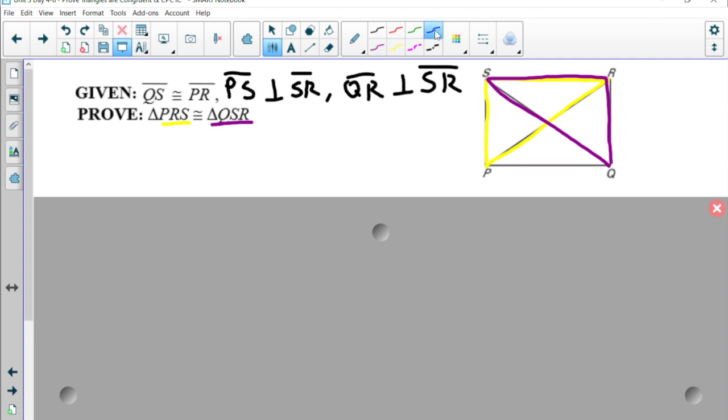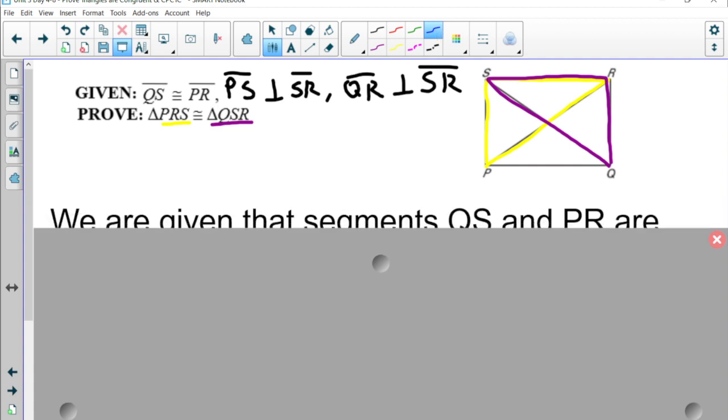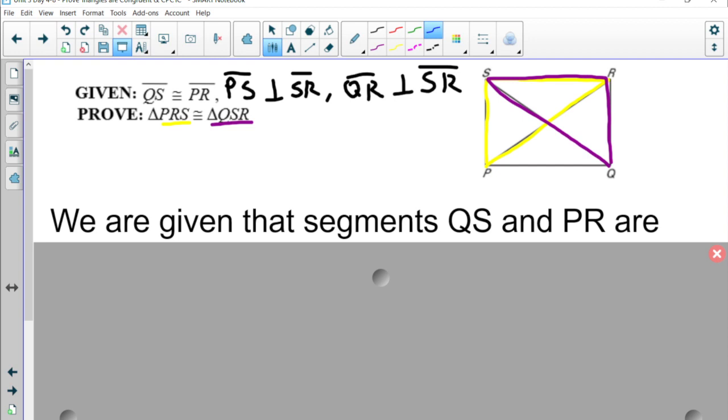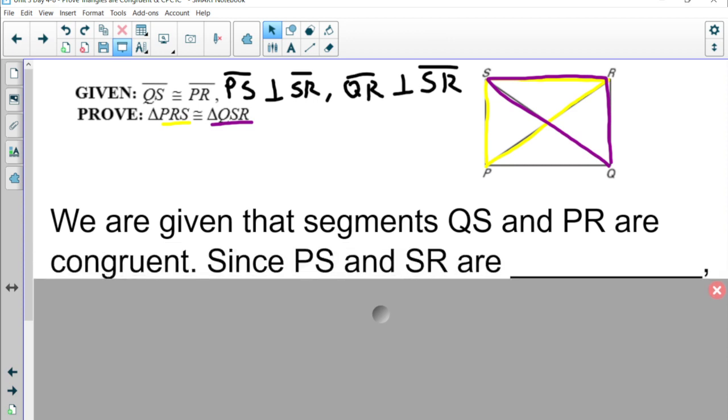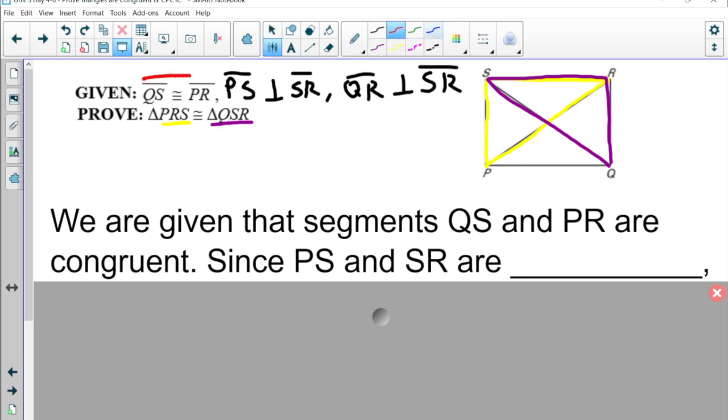Now, the first thing we're going to do is start by listing out our givens, as always. And if that given lists anything other than a pair of sides or a pair of angles being congruent, then we need to do more with it. Now, the good news is that the first one is saying Q to S and P to R are congruent.